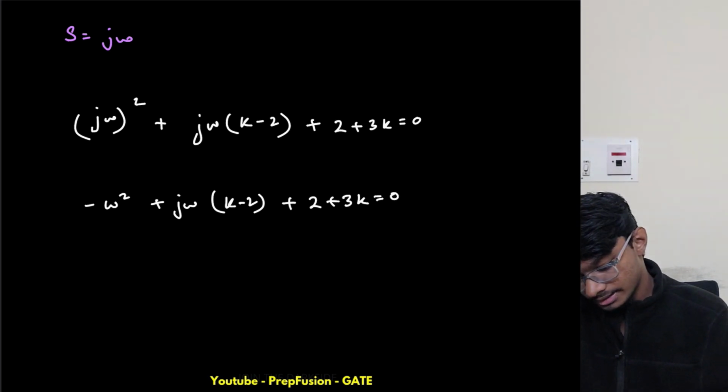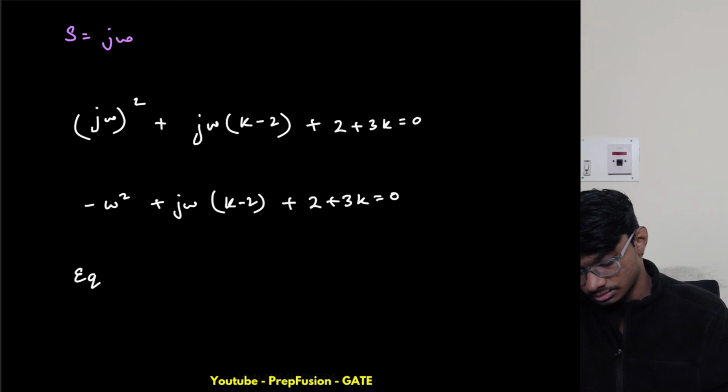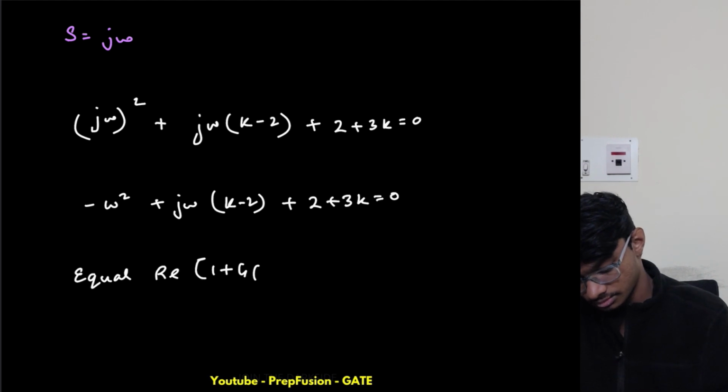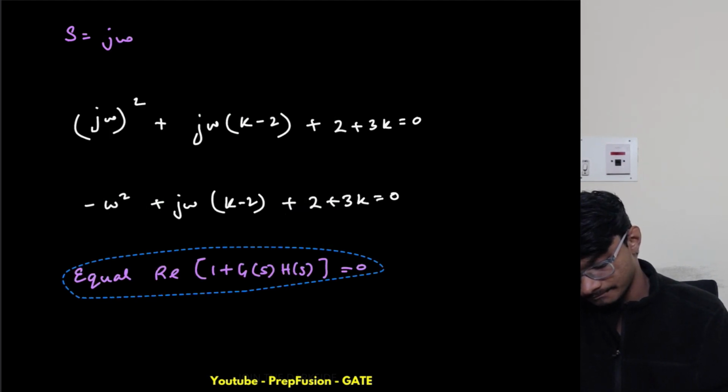Now equating the real and imaginary parts. So the real part of g of s h of s equals 0.